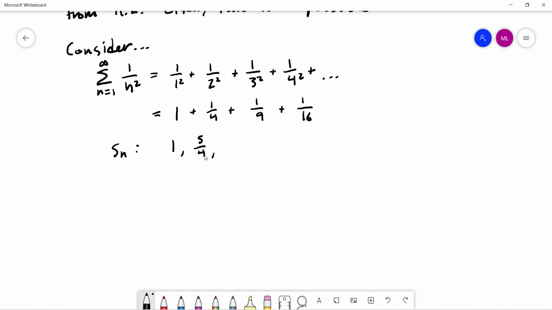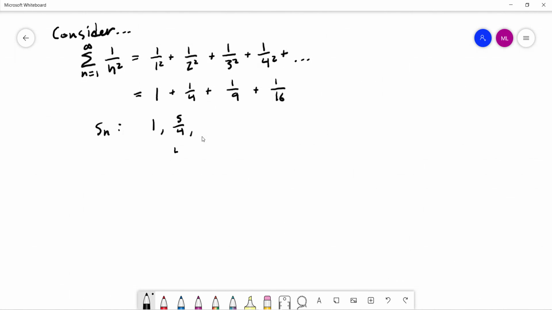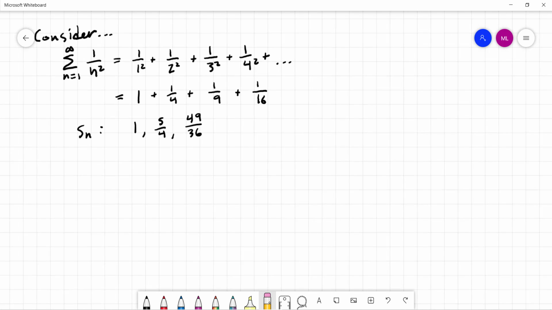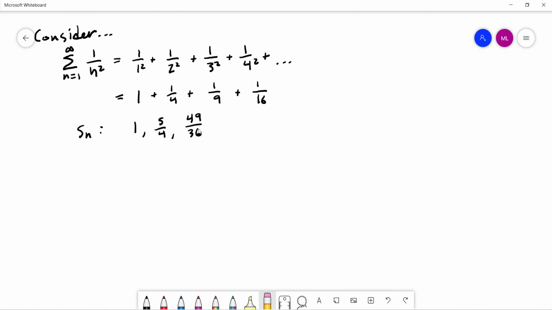So how many 36ths is this? Is this 45 36ths? Did I do that right? 45 36ths plus 4 36ths. So this next one would be 49 36ths. Then for the next common denominator, we're going to have to factor in another factor of 4, so I don't even know what the next one's going to be.